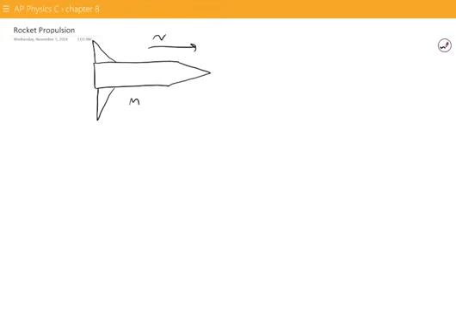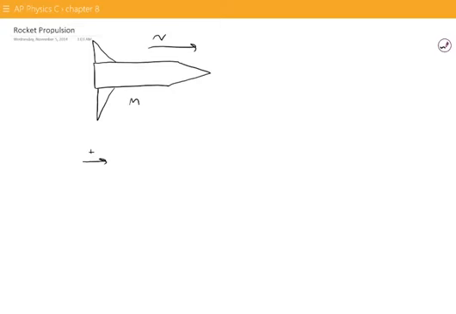So it's already in space. It's got a certain amount of mass and a certain velocity v, and we're going to define the right as the positive direction.